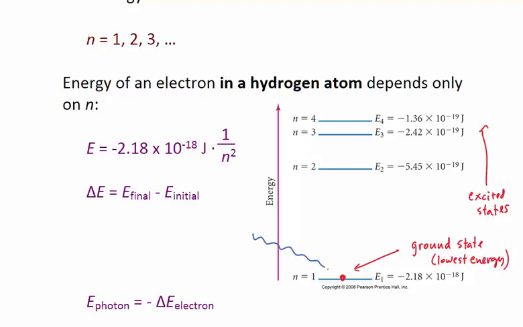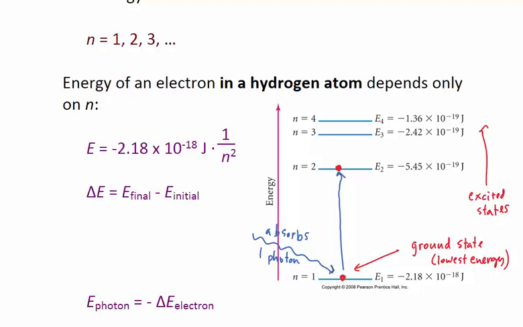It would have to absorb one photon. One electron will absorb one photon. That's the particle-like unit of light. And that photon has to have sufficient energy to get that electron up to one of the other energy levels. So if it were to absorb a photon that had enough energy to get it up to n equals 2, that electron would then appear in n equals 2 up there.